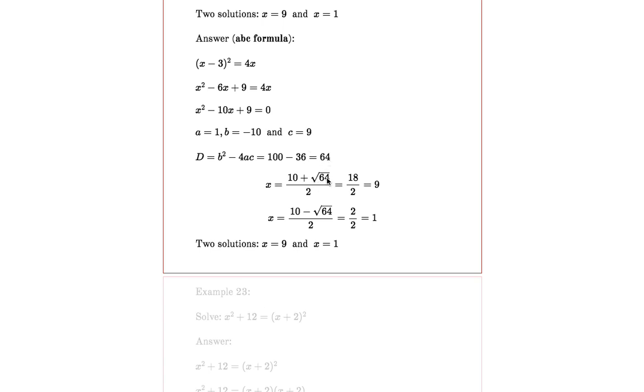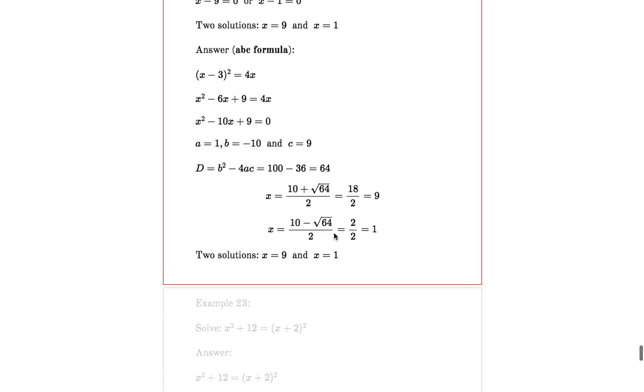Square root of 64 is 8. Negative b is 10. 10 plus 8 is 18, divided by 2 times 1 is 2. 18 divided by 2 is 9. And the second solution is 10 minus 8 is 2, divided by 2 is 1. 9 and 1, same solution.